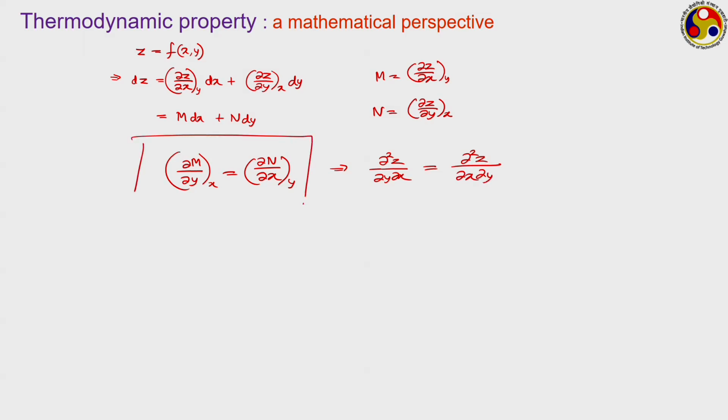So, this is the condition for z to be a perfect function or exact function of x and y, and that is how we can identify any unknown parameter as a property or not.